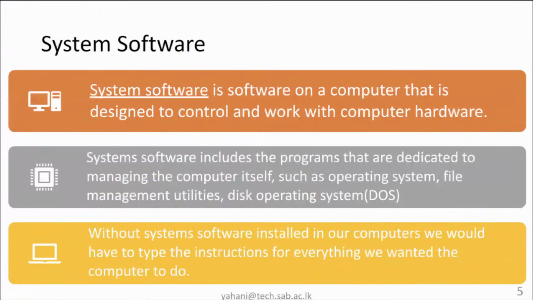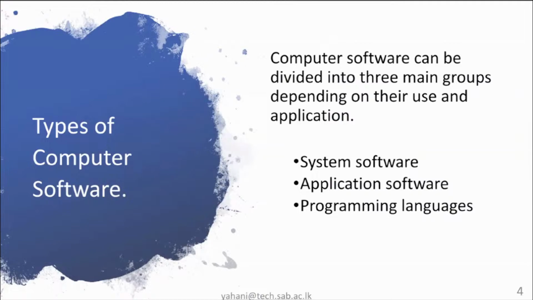If you want to create a calculator, it gives you addition, multiplication, subtraction, and division. Those are the requirements, so for that we need to create an application software. That's a calculator. Then we have programming languages.